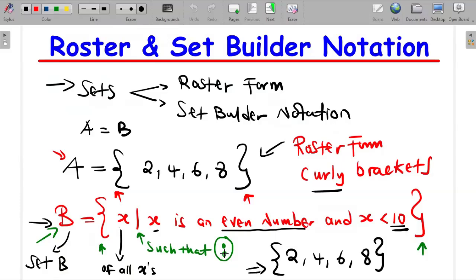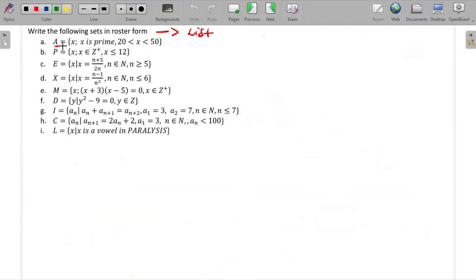This one should be a semicolon and not a full colon, meaning like a full stop and a comma. That is a semicolon. So set A is a set of all x such that x is a prime number, and this prime number is between 20 and 50. What you have to know here is what prime numbers are.